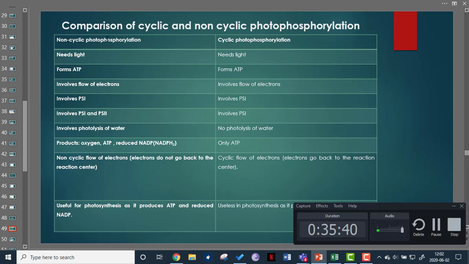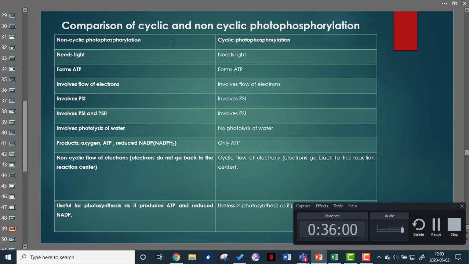When we talk about non-cyclic, it means the electrons do not come back to replace those that have been lost. The electron that was lost does not replace itself again in that chlorophyll molecule. Instead, it proceeds to the next phase.